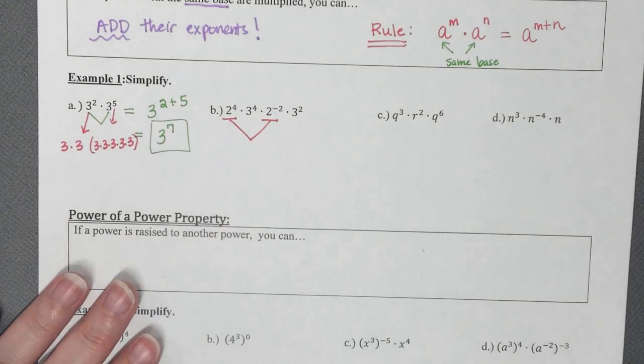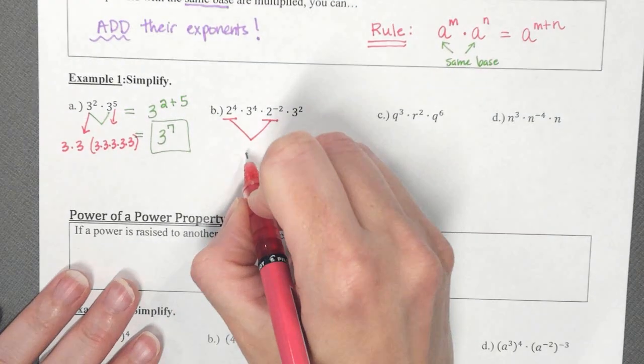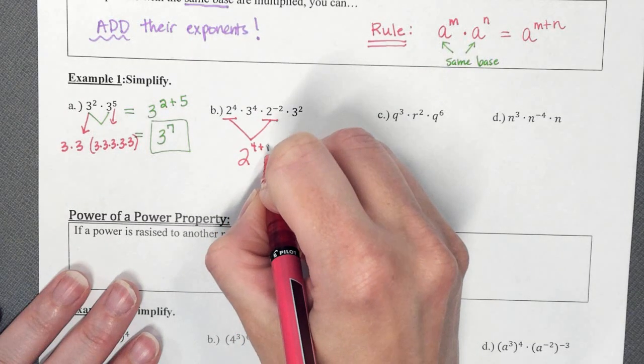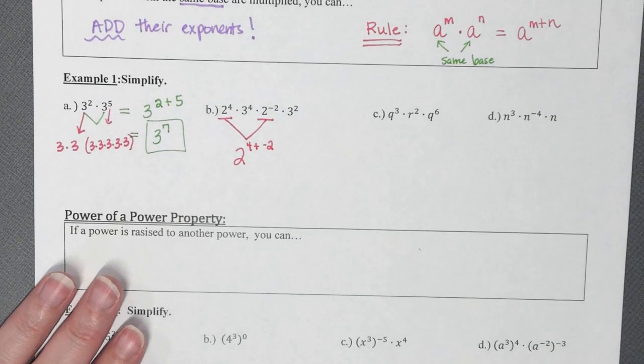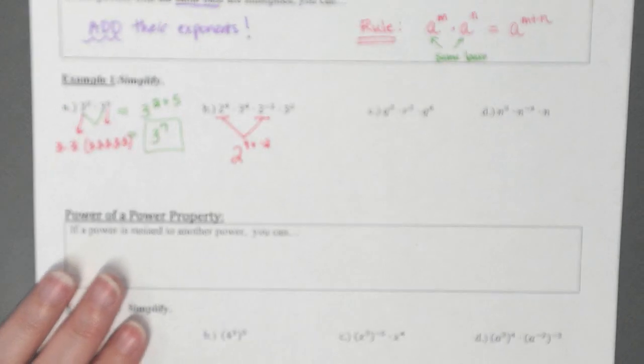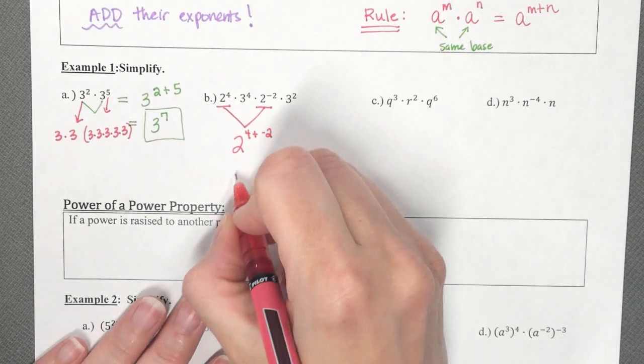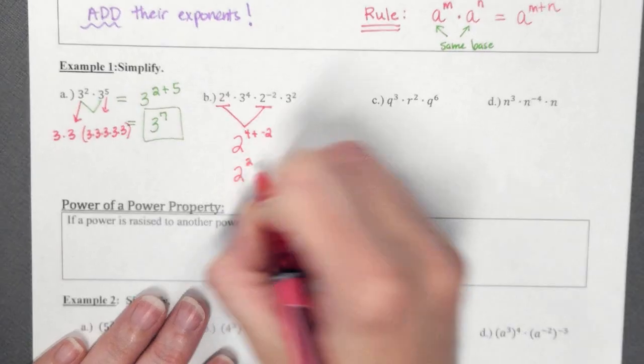And so if they have the same base, you can add their exponents. So this would be 4 plus negative 2. Okay, and 4 plus negative 2 is the same thing as 4 minus 2. So you would get 2 to the power of 2.